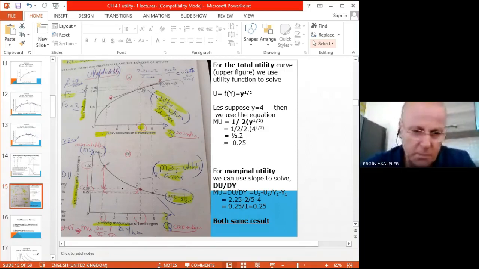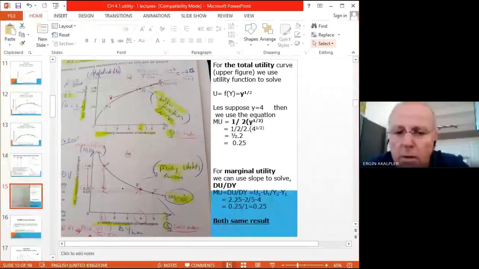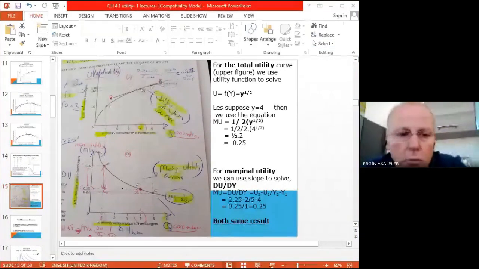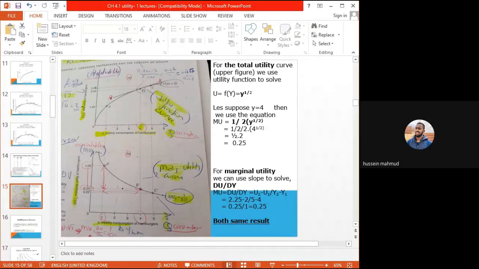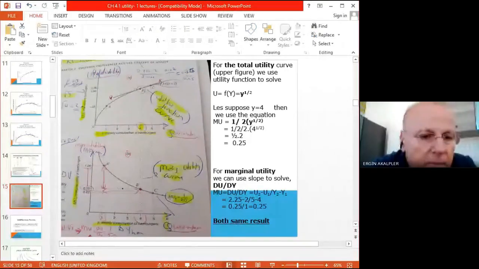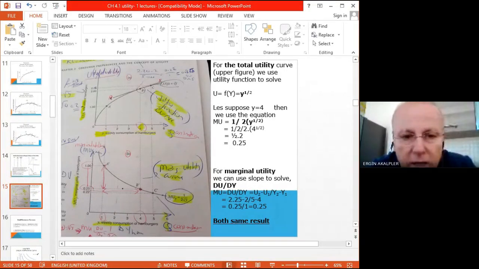It requires some special tools. As I illustrated here, we have the total utility and we have the marginal utility curve. The upper part of this graphic is the total utility, and the lower part is the marginal utility. Do you see this graphic? Yes, we see.